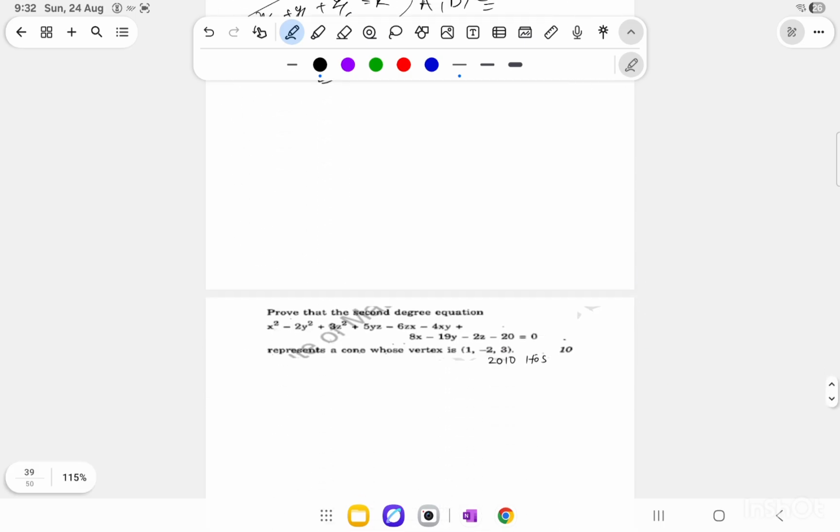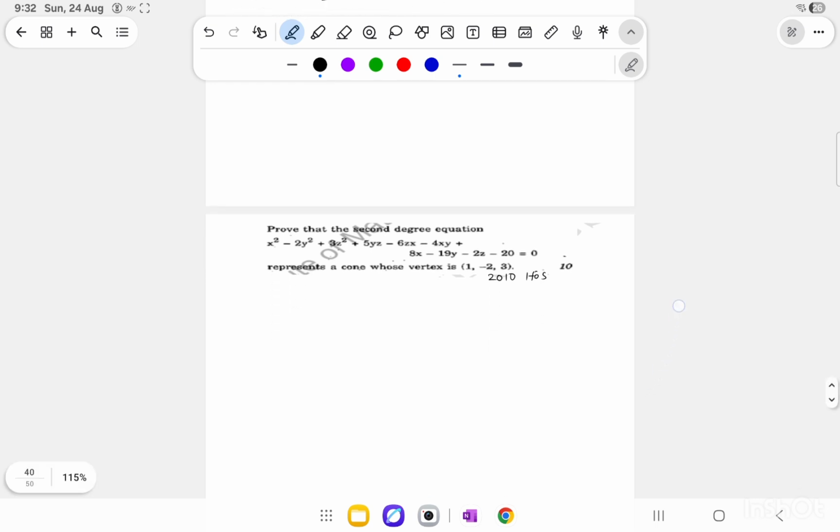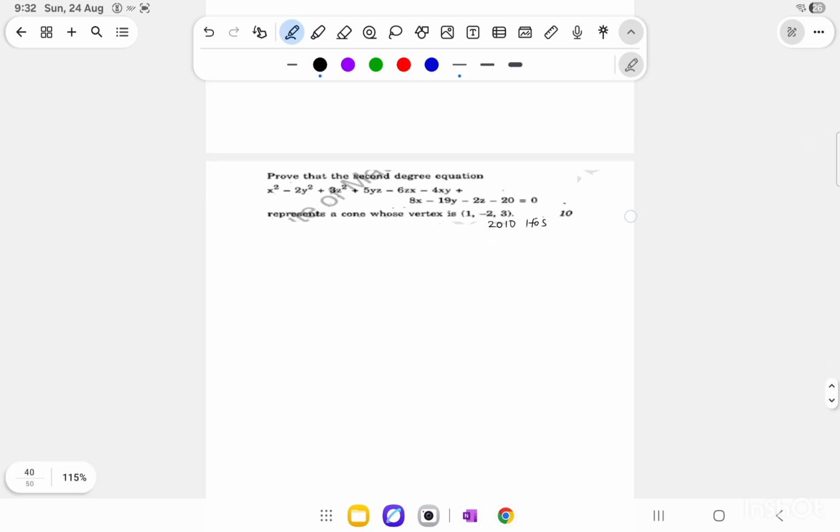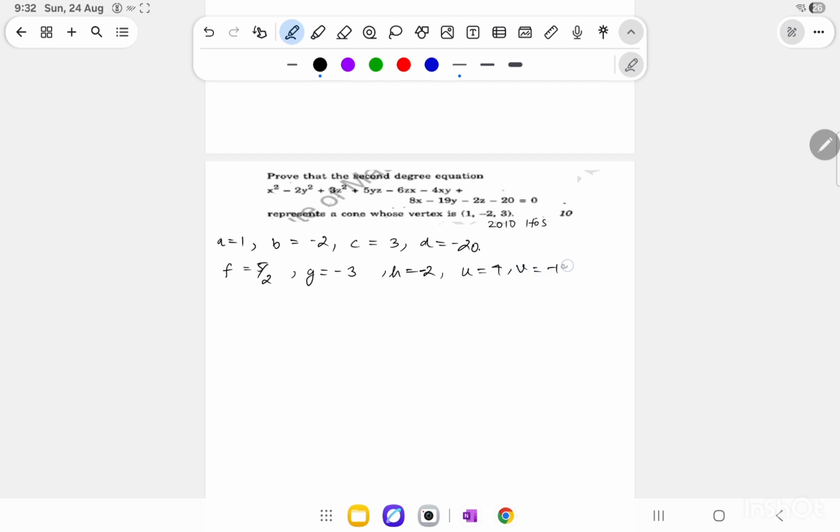So the next question is, prove that the second degree equation represents a cone whose vertex is this. If we compare it with the general equation of cone, we'll get a as 1, b as minus 2, c as 3, d as minus 20, f as 5 by 2, g as minus 3, h as minus 2, u as 4, v as minus 19 by 2, and w as minus 1.